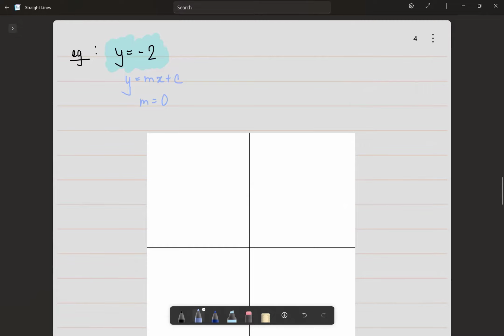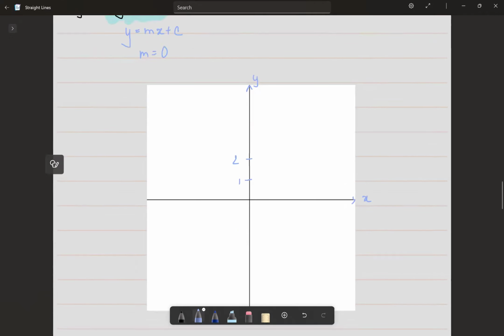In other words, if we want to draw a graph of y is equals to negative 2, in all points of the line, x can vary, but the value of y is fixed at negative 2. So we know that this is 1, this is 2, in here we have minus 1 and negative 2 is here.